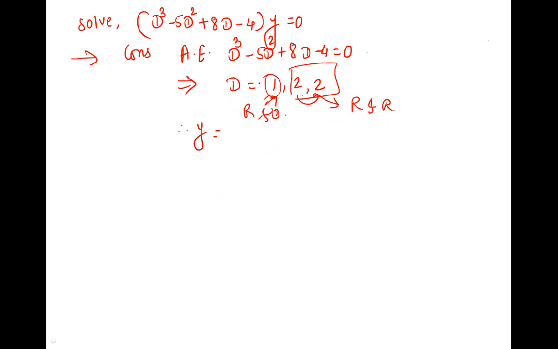Therefore y is equal to, for this can you write the solution? C1 e raised to 1x. Okay, C1 e raised to 1x. Very good. Plus this is done. Can you write for this now?